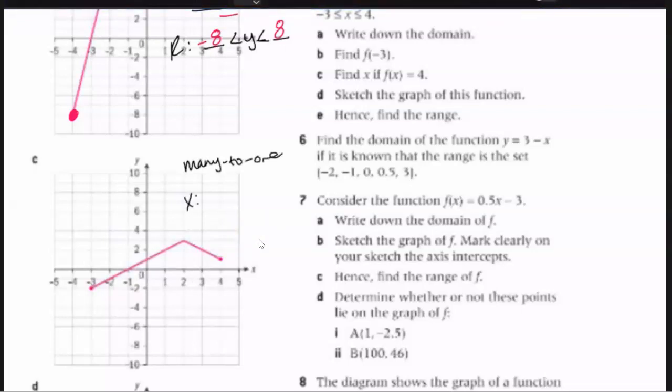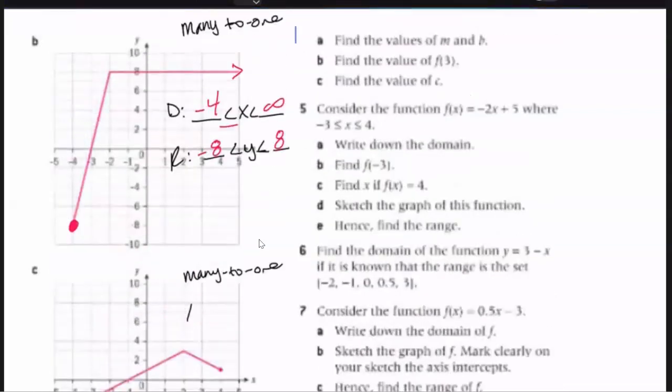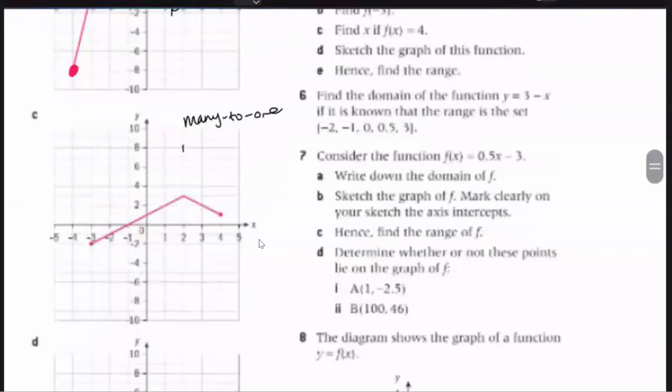And we're going to set up my domain and my range. My leftmost x value is -3. My rightmost x value here is 4.